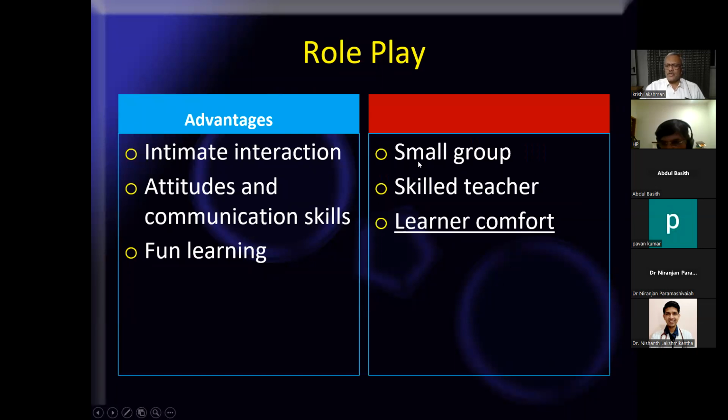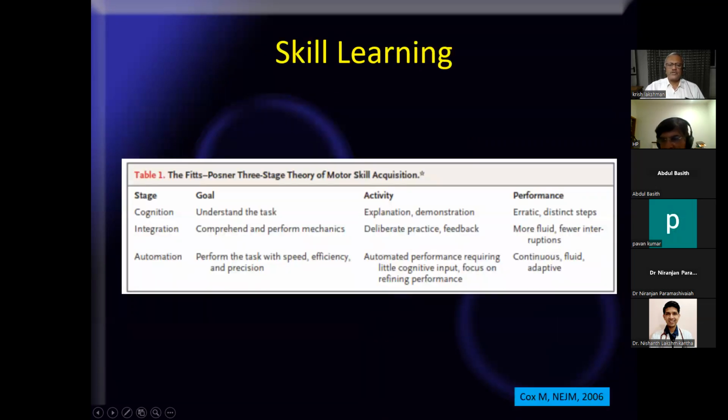The teacher has the responsibility of creating the kind of atmosphere where people are comfortable. I must confess that I'm not one of the best teachers for this particular activity. I can't put people at ease, so I try to avoid it and give it to somebody else who can do it better than me. But by and large, I think we should encourage a little more role play in our teaching.